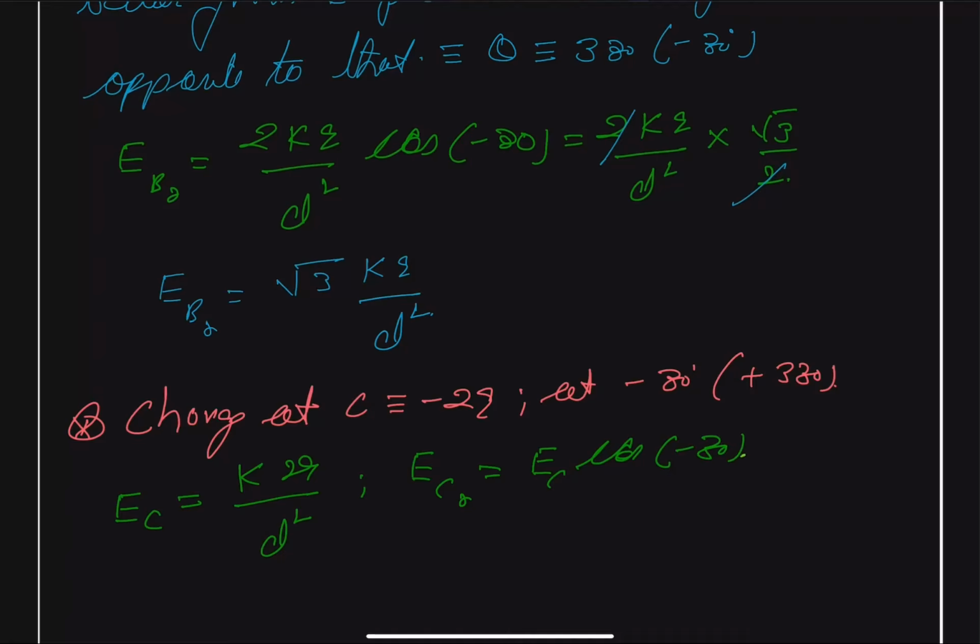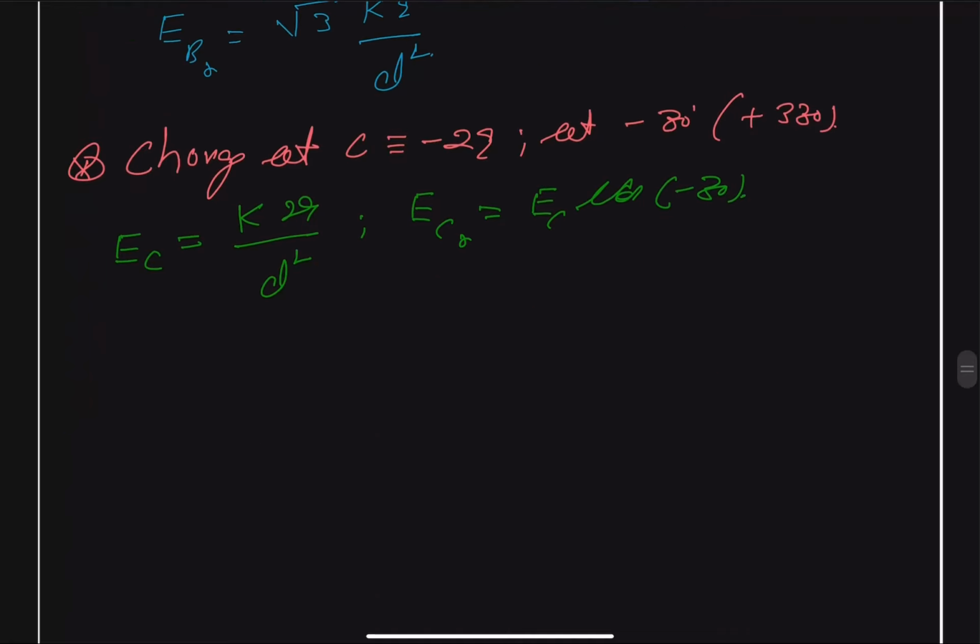So we get our EC in the x direction will be equal to k 2q upon d square times cos of minus 30, that is root 3 divided by 2. 2 goes with 2. So we get root 3 kq upon d square.